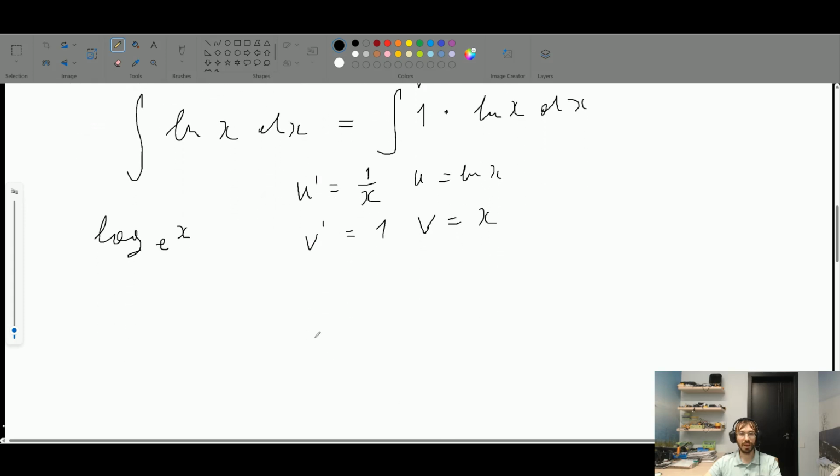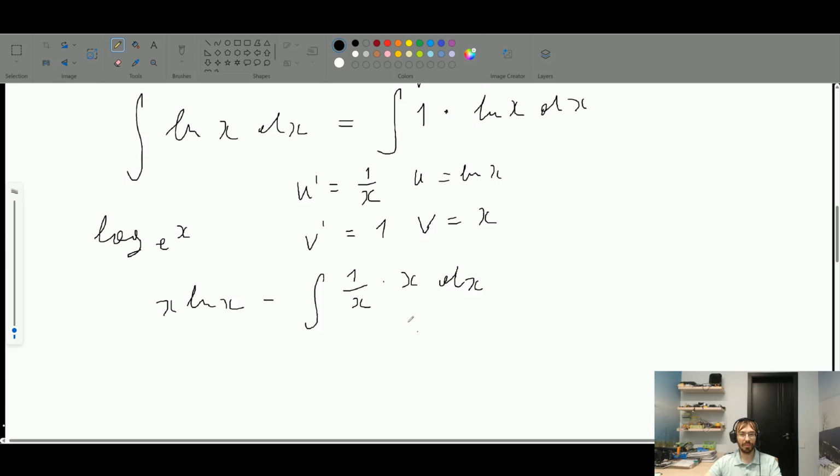Now let's put everything back into our formula. So it will be uv, which is x ln x, and then minus integral u dash v. So u dash will be 1 over x, and then times v, which is x, dx.